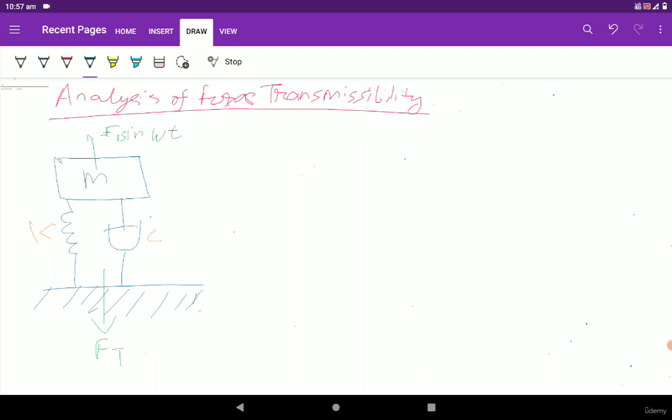Here Ft is the force transmitted to the foundation, which will be the resultant of spring force and damping force. So let me write it.